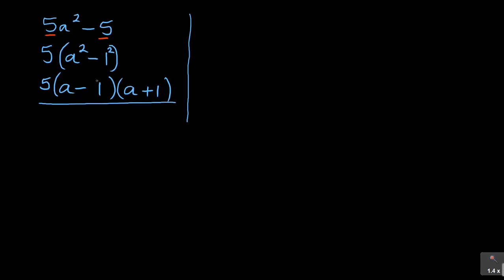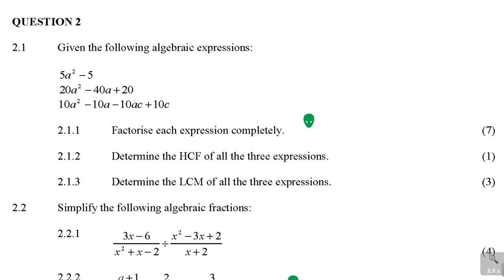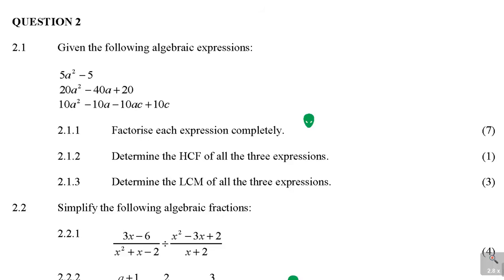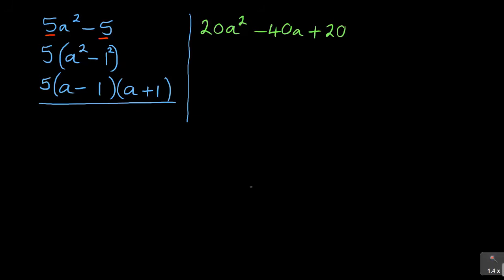Now, as I said, this was the difference of 2 squares. Now we are going to factorize this second one, which is 20a squared minus 40a plus 20. Let me just check again. It's 20a squared minus 40a plus 20.